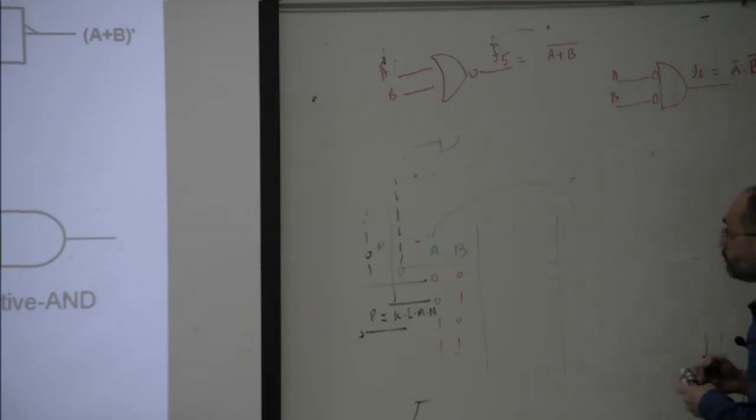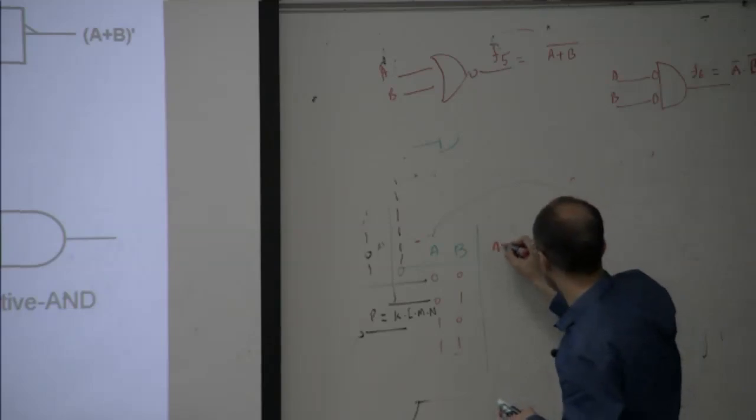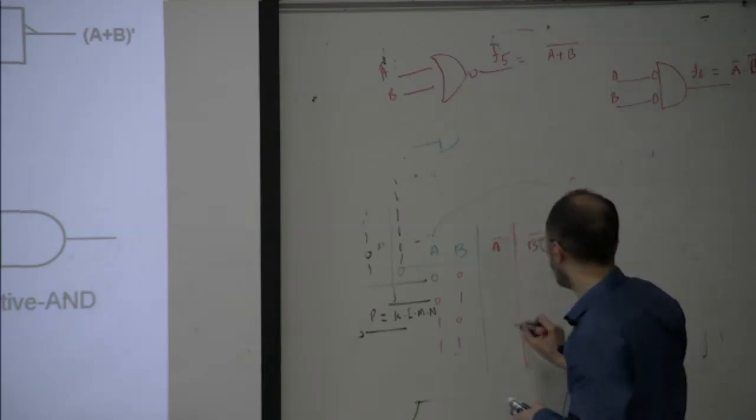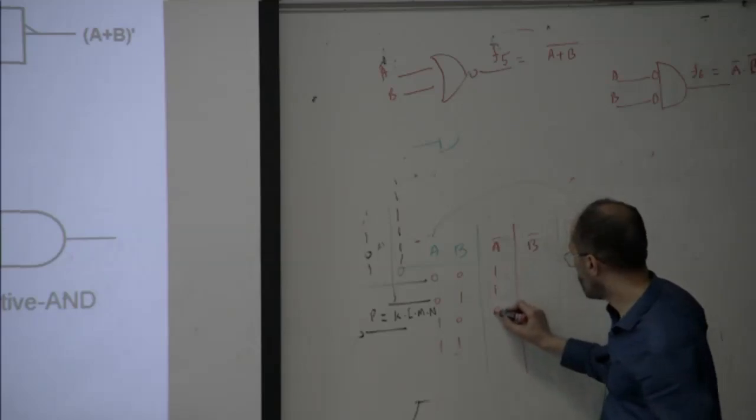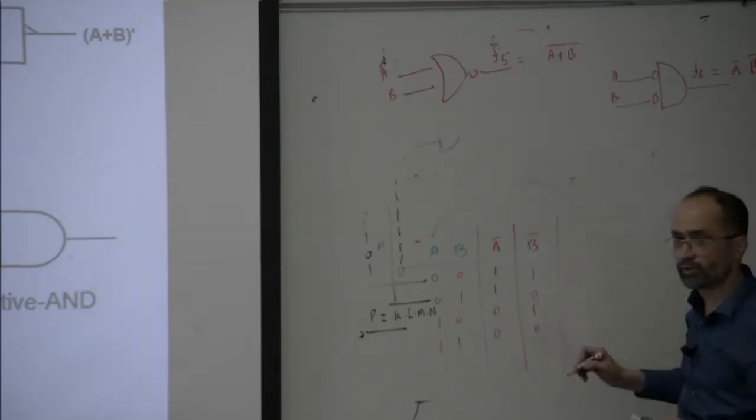Now we have A bar and B bar. What will be the value of A bar? 1 1 0 0. What will be the value of B bar? 1 0 1 0.